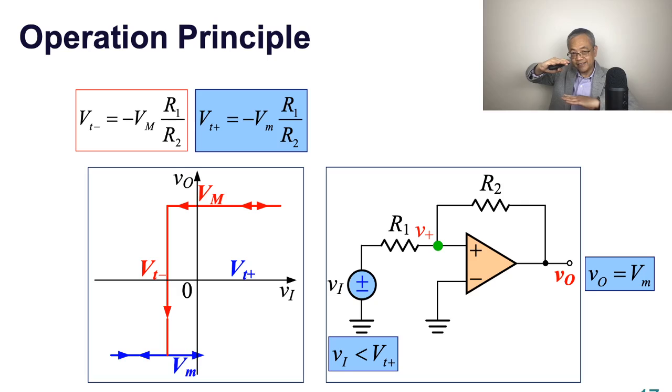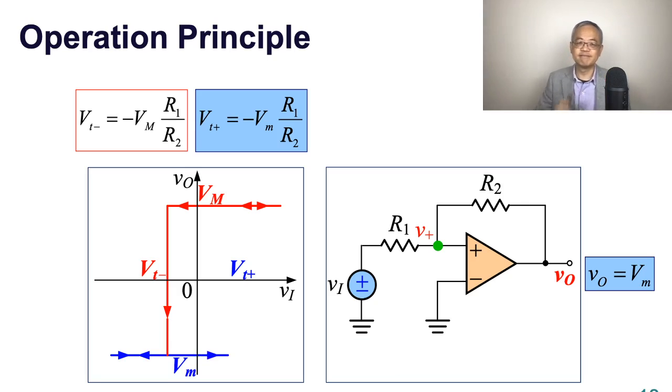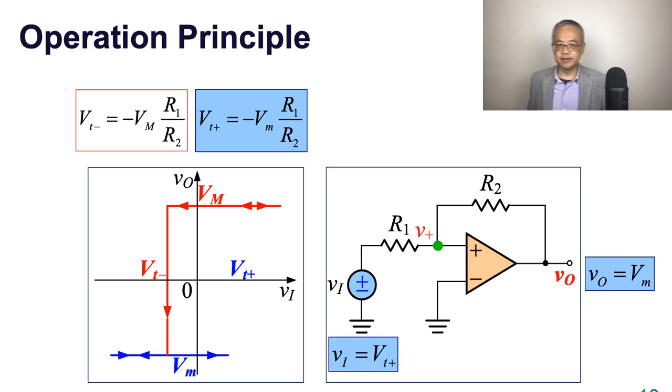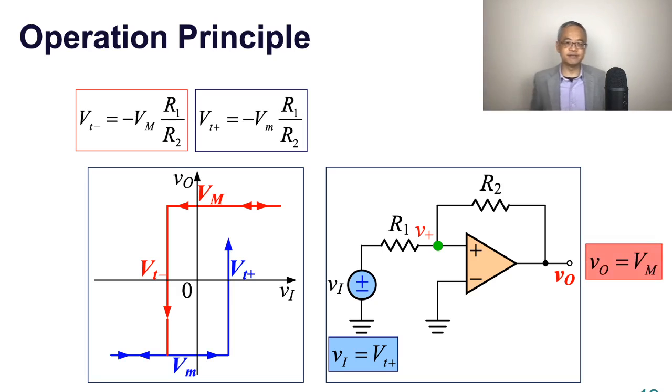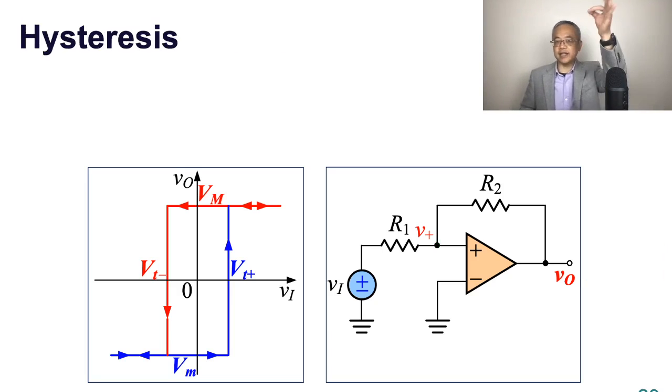And then if we gradually increase VI, then V positive will increase accordingly, proportionally, until this happens: the threshold voltage, the top of the hill. Then the switch happens and the state goes back to the rest state.